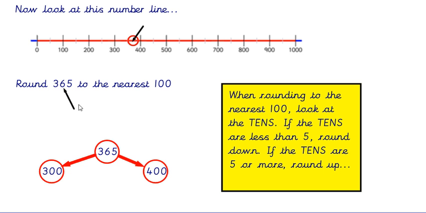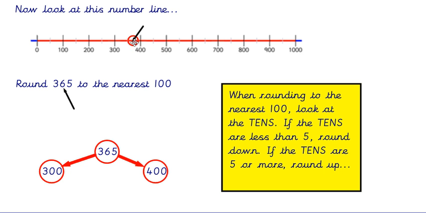Okay, this question asks you to round 365. So you have a choice. You can round it down to 300 and you can round it up to 400. So sorry, we're rounding to the nearest 100 this time. So this number line is giving you intervals of 100 up to 1,000, and there's 365 lying on the number line.